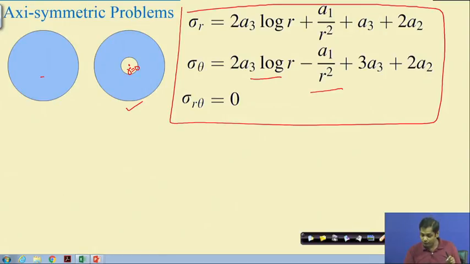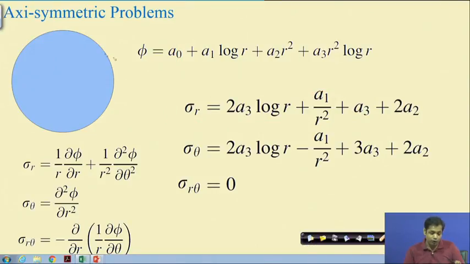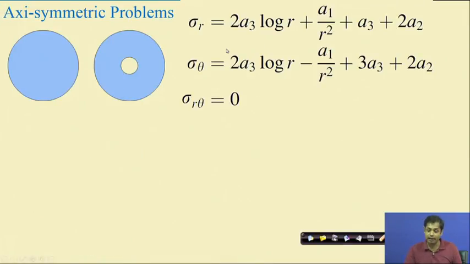But if we take this as our stress function, and our domain is simply connected, then we can only arrive at a constant stress field. If the domain is not simply connected, then this can give us a different stress field.